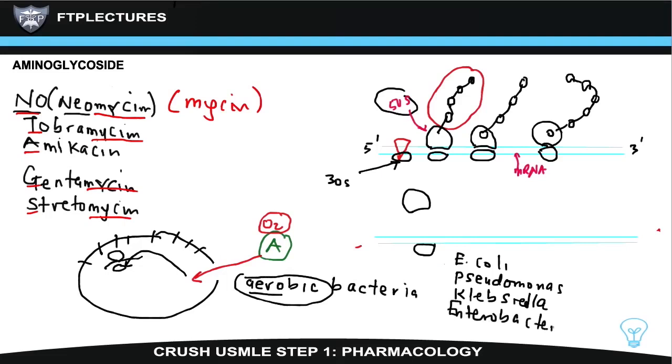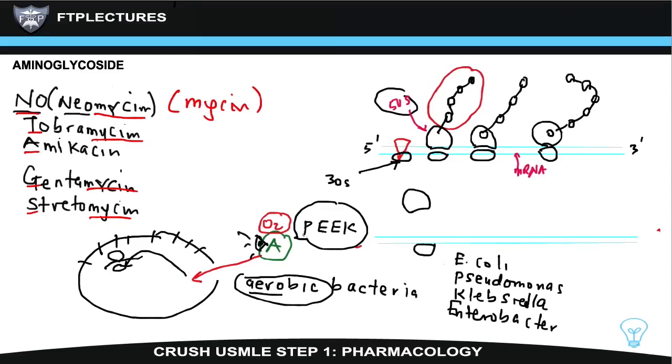Like, oh man, how do I remember all these? Well, this is how I remember it. These aminoglycosides like to peek inside bacteria. Oh, you're cheating, what are you talking about? They're peeking into the cell. It likes to peek because it has a little eyeball and it likes to peek inside the cell.